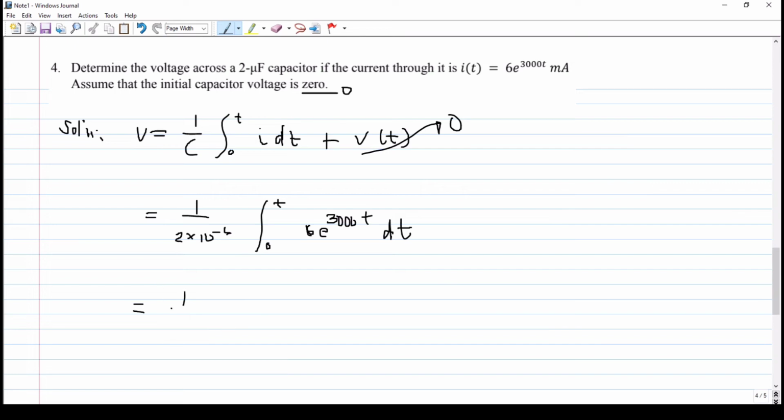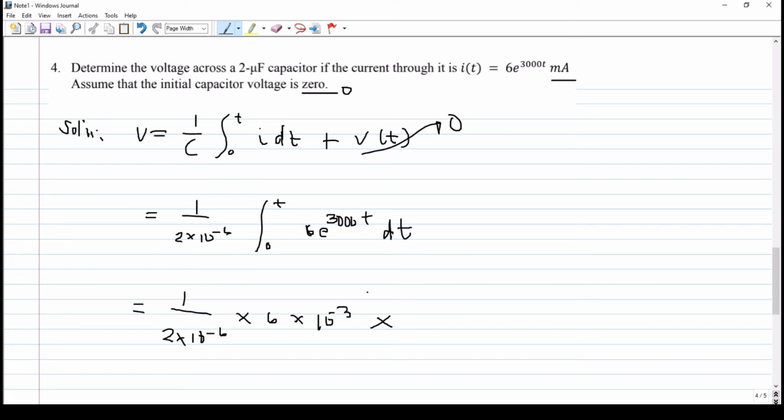So this is 1 over 2 times 10 to the power negative 6 times 6 here. Then take note that this current is milliampere, so times 10 to the power negative 3 also.